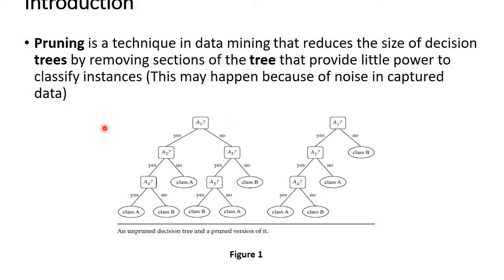And this is a complete tree. After pruning, how it looks is shown here. So this is the pruned tree wherein this subtree has been pruned and the leaf class B has been attached as the leaf node here. So this is the pruned tree and this is the complete tree.